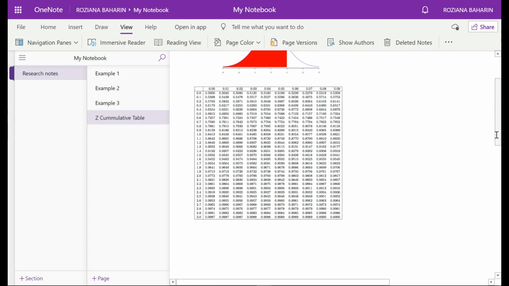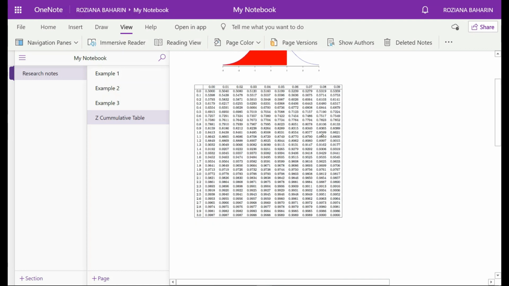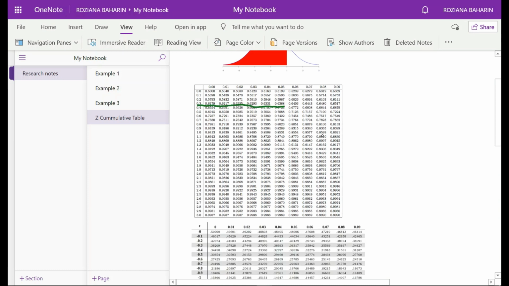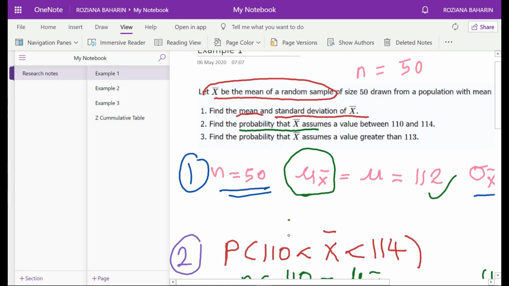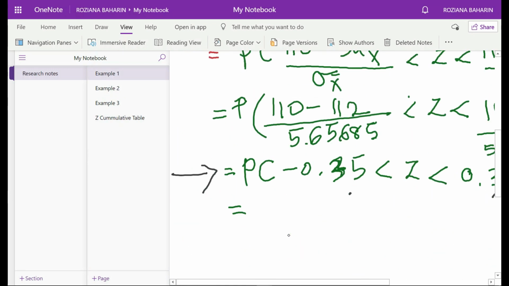So 0.35 is somewhere here, and it is 0.6368. We jot down 0.6368 first.